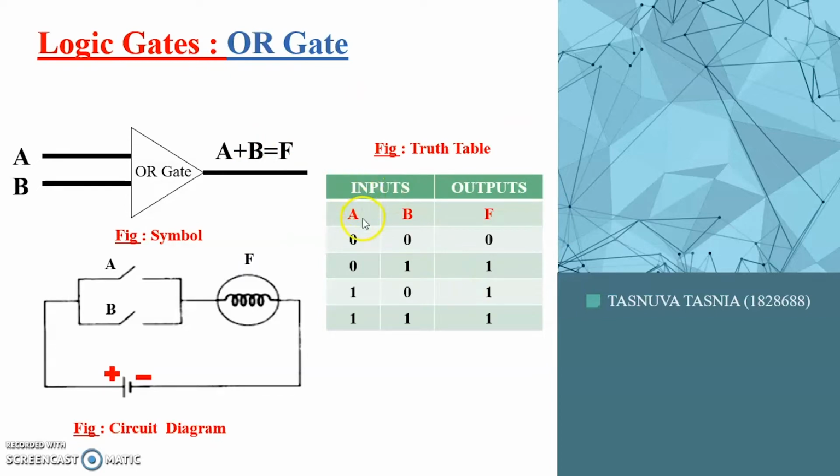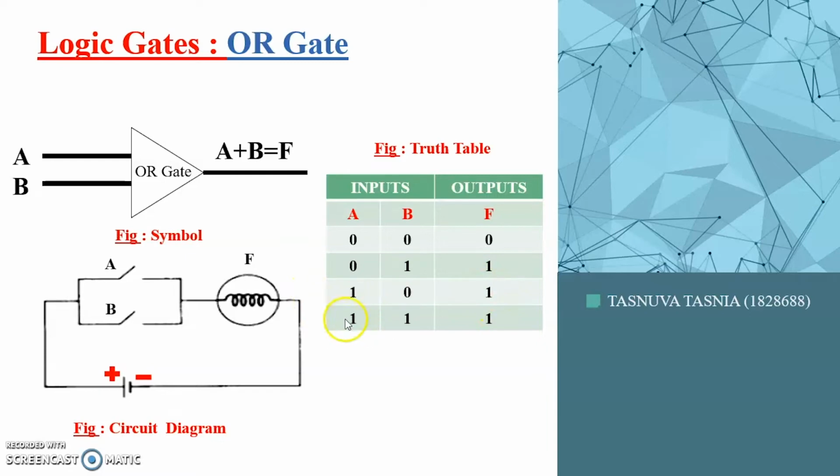So when we take inputs for A and B, suppose A is 0 and input B is 0, the output will be 0. And when the input A is 0, input B is 1, the output will be 1. When input A is 1, input B is 0, the output will be 1.